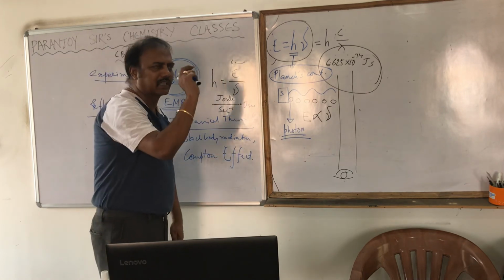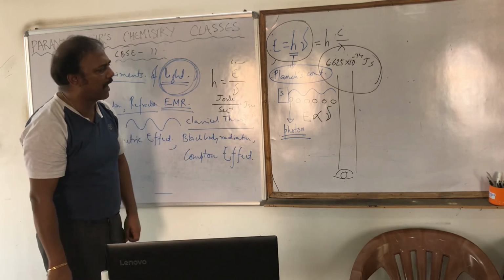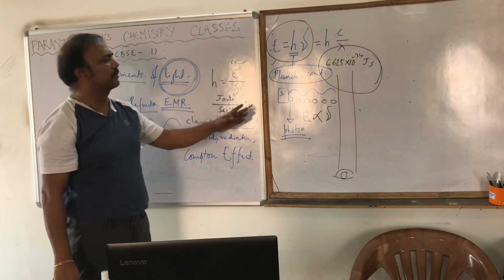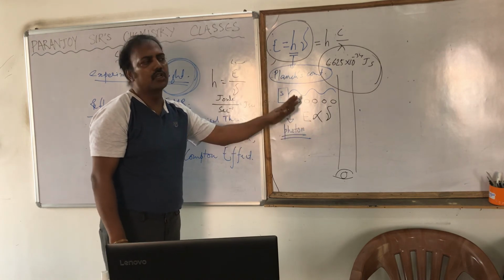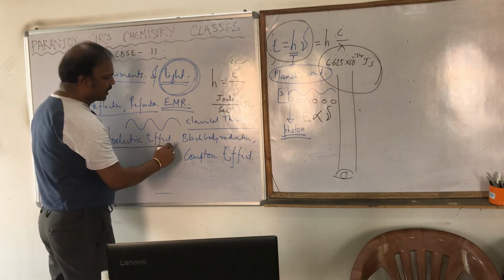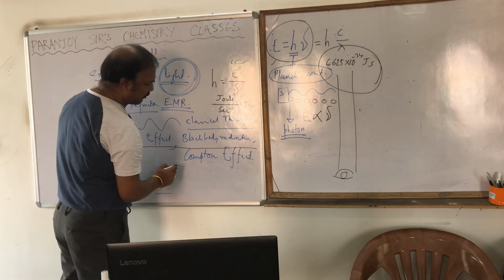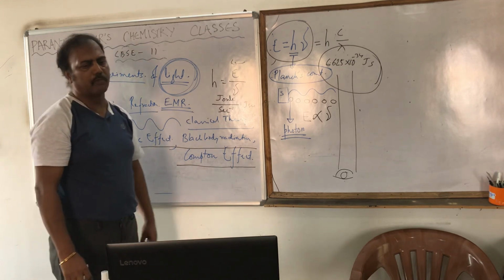He told them as particles, the photons, they are coming out as packets. This concept of particle nature of the electromagnetic radiation could explain all these phenomena: the photoelectric effect, black body radiation, Compton effect, everything could be explained by this.